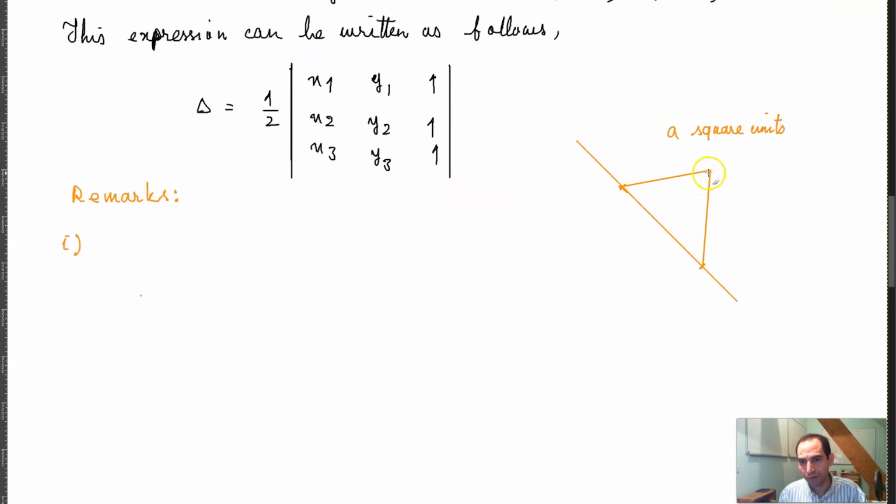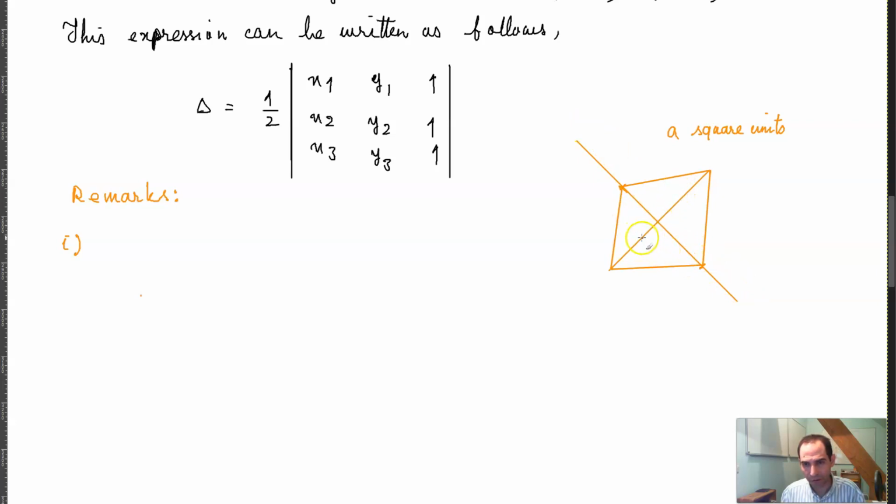Now, if I take the image of this point with respect to this line, somewhere over here, and connect these points together, you see that I get another triangle of the exact same area on the other side of this line.